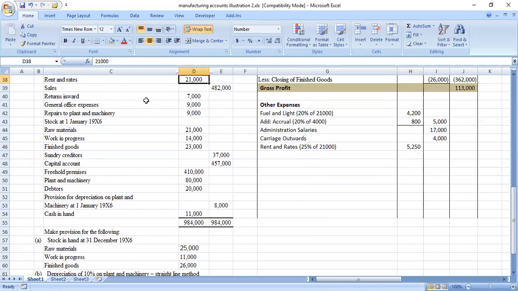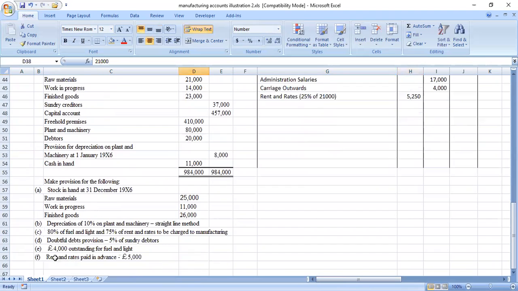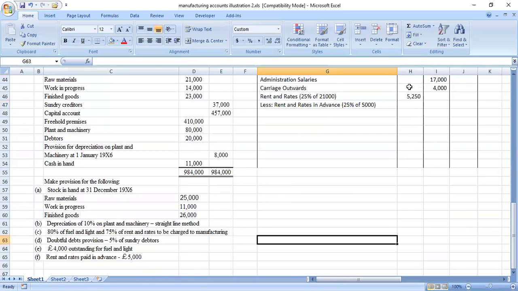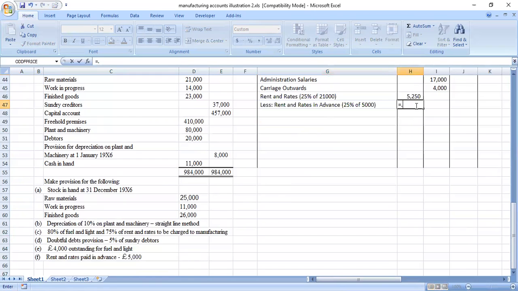Rent and rates 5,250. And then we have some adjustments that rent and rates were paid in advance. If in advance, we're supposed to deduct. We said that prepayments we deduct. So less rent and rates in advance. So that is 25% of 5,000, which is 0.25 times 5,000 shillings.